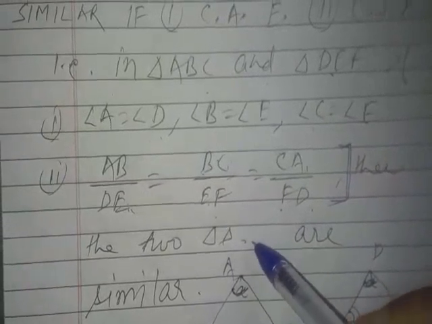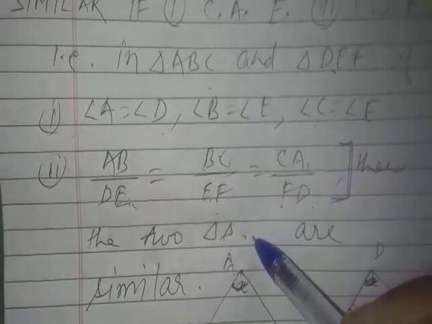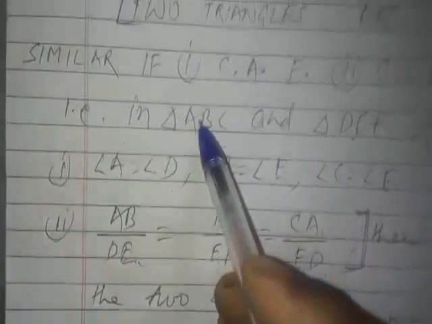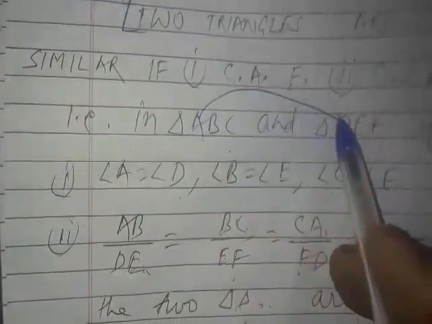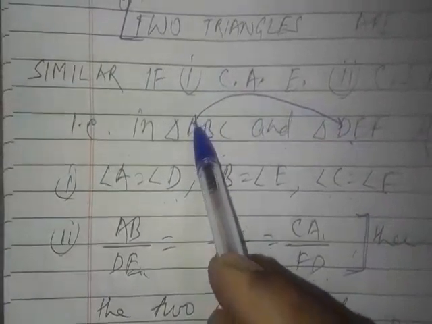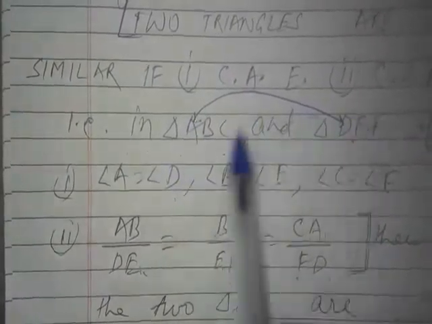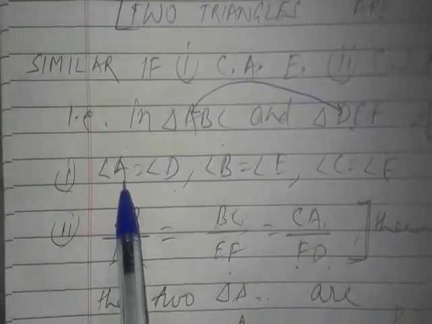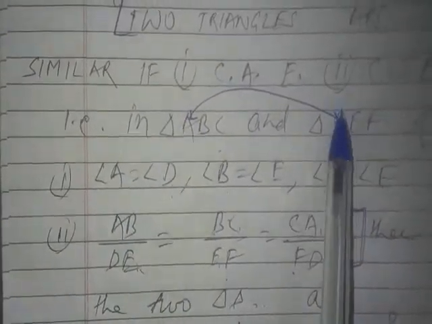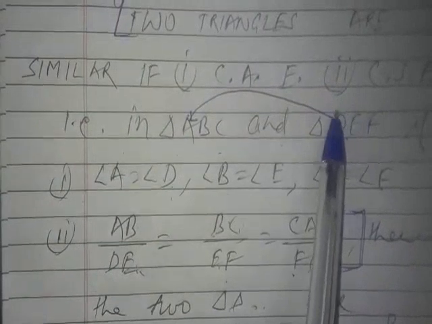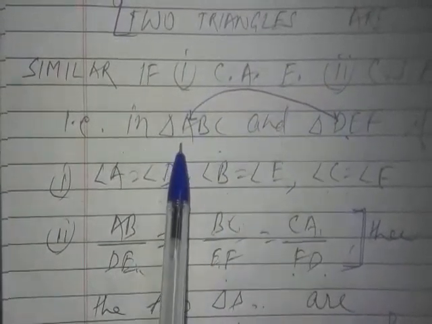Here we have to keep one thing in mind. The first letter of the first triangle and the first letter of the second triangle represent the vertices of the equal angles of the two triangles. Here angle A and angle D are equal to each other. These are the first letters of the triangles which we have mentioned, and they correspond to each other.